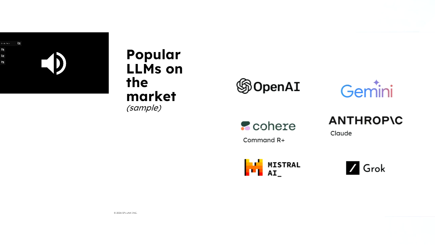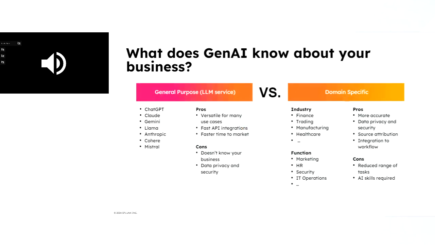OpenAI, I think with GPT-4, 1 trillion parameters and $63 million cost to build that. And I think it's maybe even more now with Gemini, which is said to be trained on even more data. So that's an option, but general purpose doesn't really know about your business.